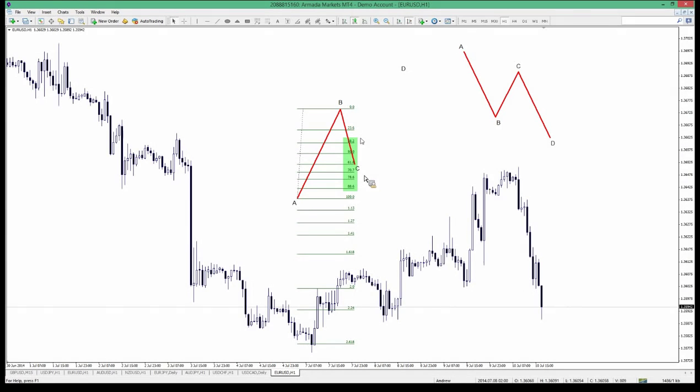I can automatically think of, in terms of what I'm going to do next, which I'll show you, is basically look at the actual extensions, and which extensions are likely to line up with the actual AB equals CD pattern. So what I'm looking for is an extension point to actually line up with the ABCD structure.